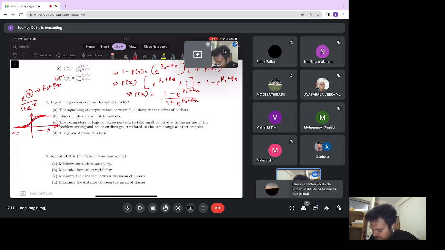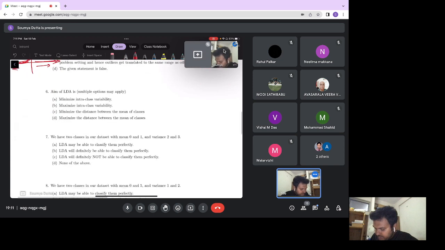So x growing very high is an indication of an outlier maybe, and x going very negative also might be an indication of an outlier. But because of the way softmax is squashing everything between 0 and 1, it will not be affected by the outliers that much as compared to other learning algorithms, and therefore the squashing of the output values between 0 and 1 dampens the effect of the outliers.